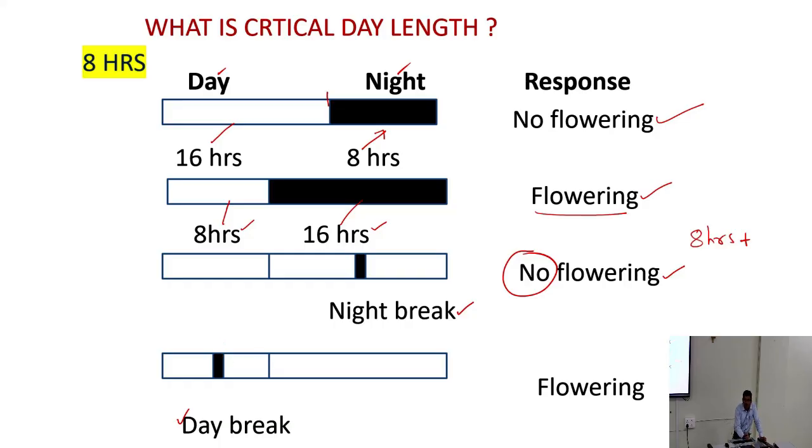A day break is good for a short day plant, and we are going to observe flowering here. So this is how we understand the critical day length. Hope this example is clear. When it is 8 hours or less than 8 hours, you call it a short day plant.